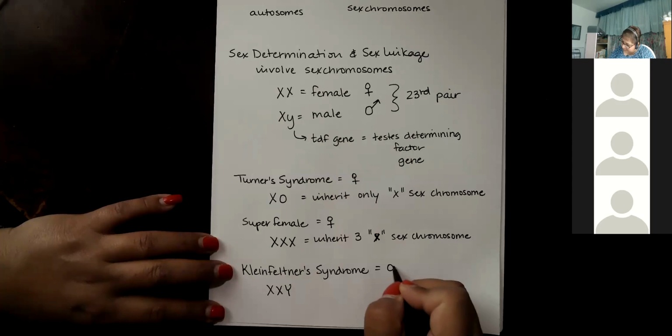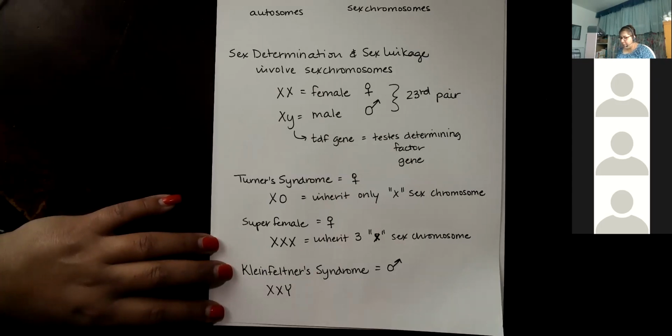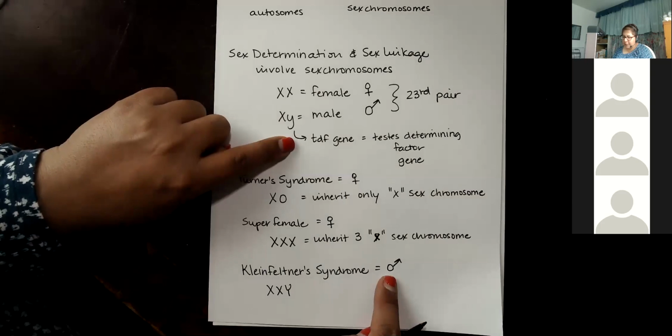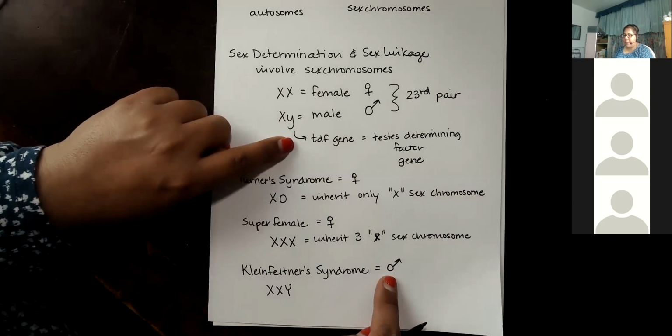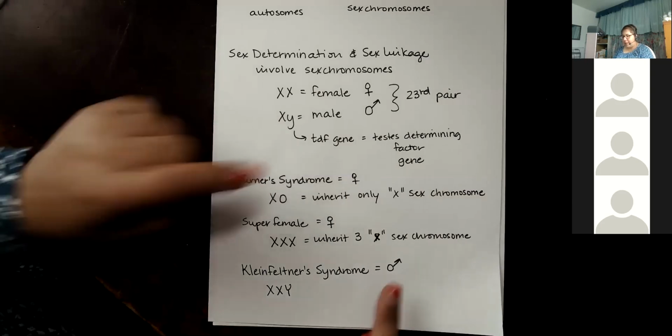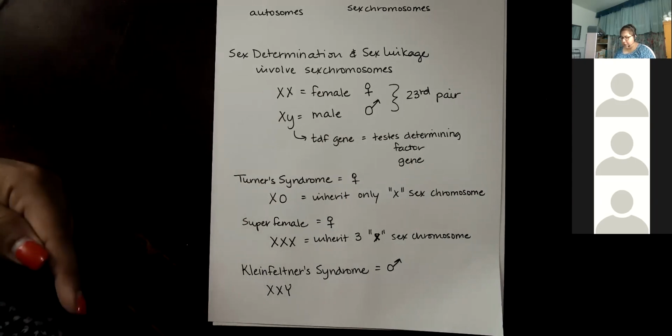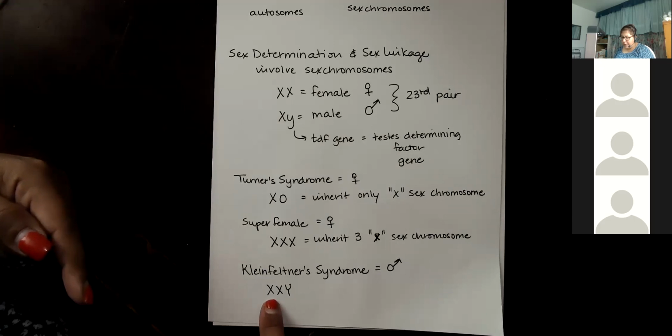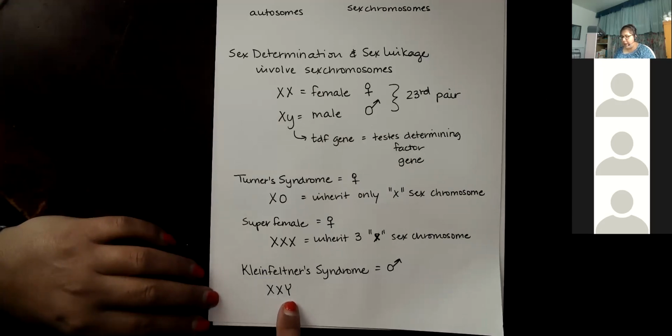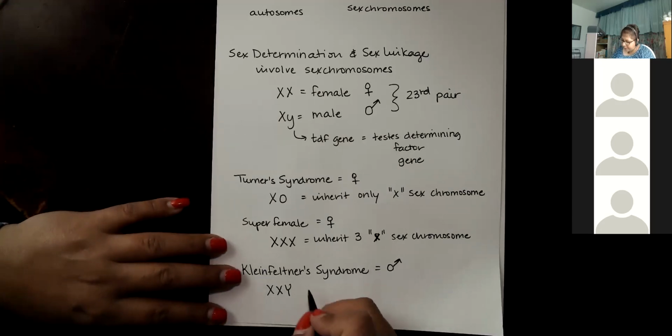These guys, they're male. And so, at least what we understand, you have to have a Y chromosome to be told to develop male. It's that TDF gene that tells you to develop male sex organs. And so in Klinefelter syndrome, even though you have two X's, the presence of the Y develops into a male.